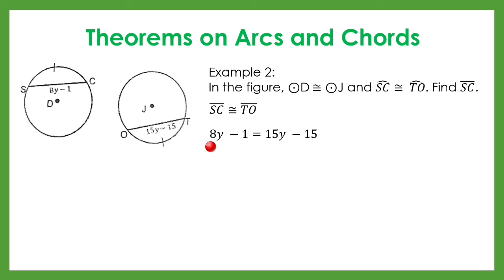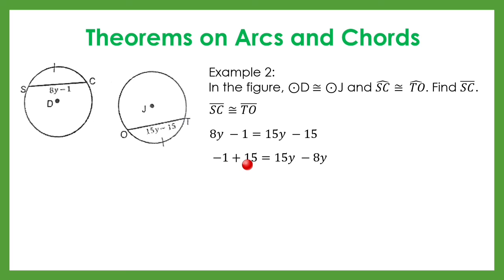That is 8y minus 1. And line segment TO is 15y minus 15. Therefore, we have 8y minus 1 equals 15y minus 15. Dahil they are congruent. So, equal yung line segments. Then, solve for y. So, yung 8y, itatranspose natin, magiging negative 8y. Yung negative 15, itatranspose natin, magiging positive 15. So, we have negative 1 plus 15 equals 15y minus 8y.